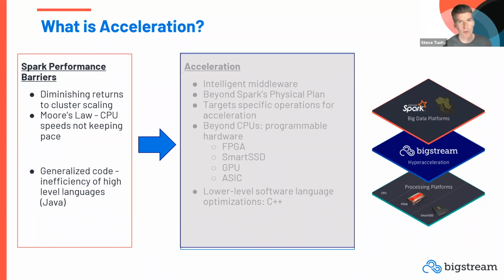And the CPU is great. We all use them all the time for just about everything. They are a generalist. But there are better tools for the job, for a scan, for specific parallel processing, for machine learning. And we can incorporate those with some help from tools like Bigstream.